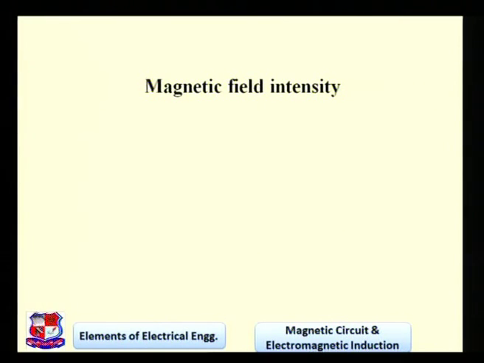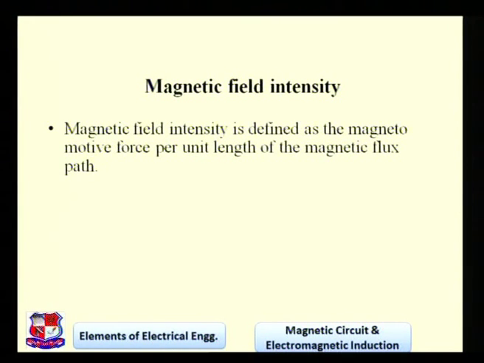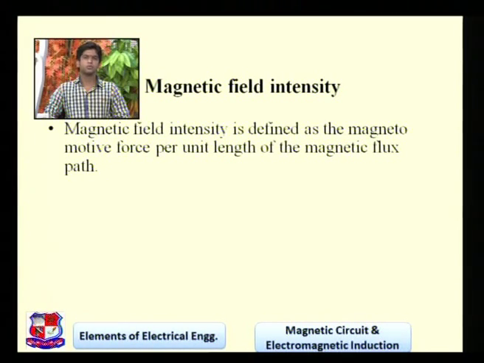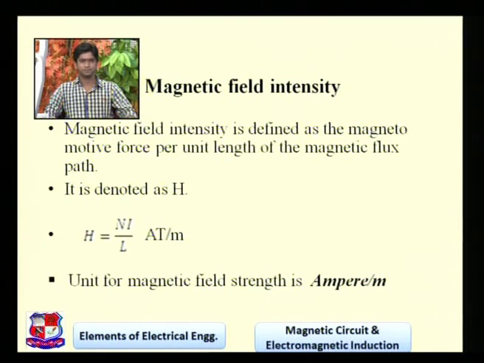Now what is magnetic field intensity? Magnetic field intensity is defined as the magnetomotive force per unit length of the magnetic flux path, and it is denoted as H. Same as in electrical field, we saw electric field intensity in the last lecture. Here H is equal to Ni by L, where N is the number of turns wound around a coil, I is the current and L is the length.